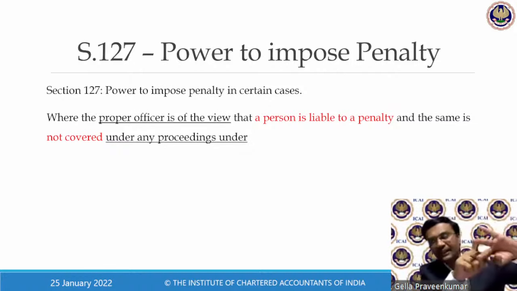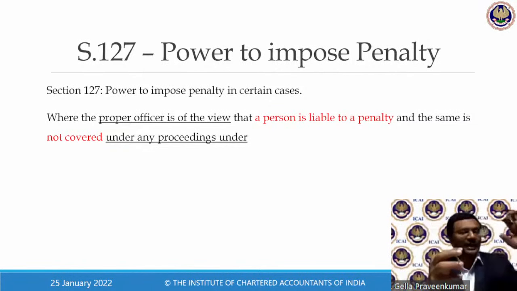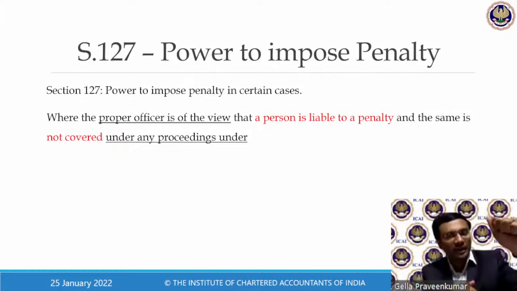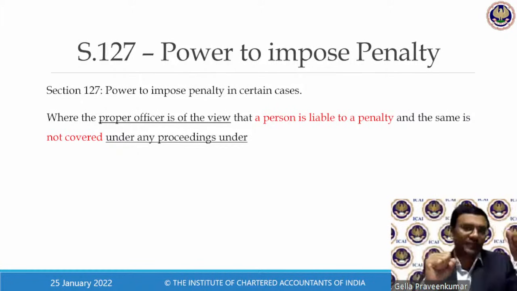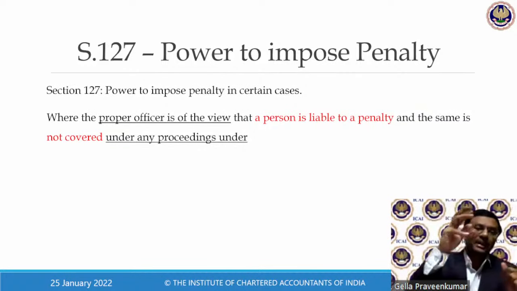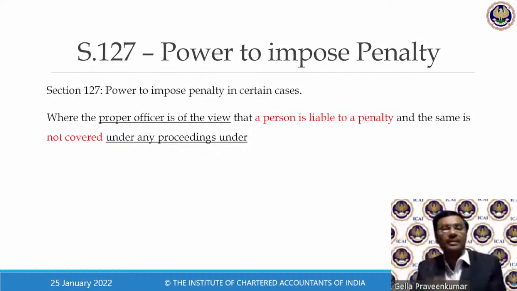Under section 75 subsection 7, when I compare the show cause notice value and the order value, there should not be a contradiction. Whatever is there in the show cause notice, either that amount or less than that can be quantified in an order, but not higher than in a show cause notice. Now, this 127 comes to the rescue where a penalty can be imposed and it was not imposed or it was not covered in some of the proceedings.